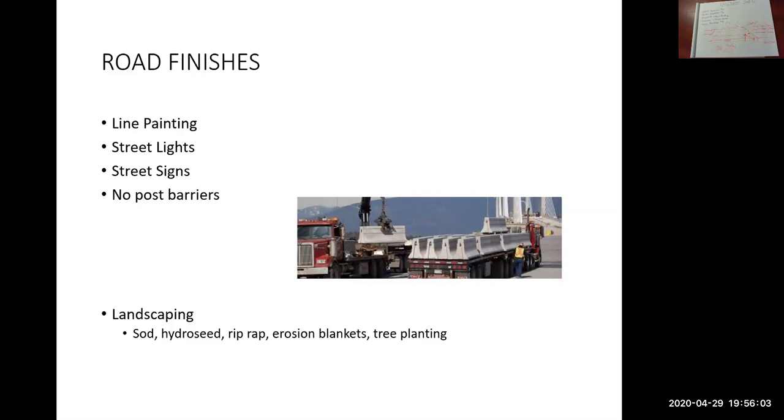Bases for lights are installed when you're doing your utilities, so the conduits. It really depends on the alignment. But it's done before paving. Typically, the conduits go in behind curb, so it's done before then.